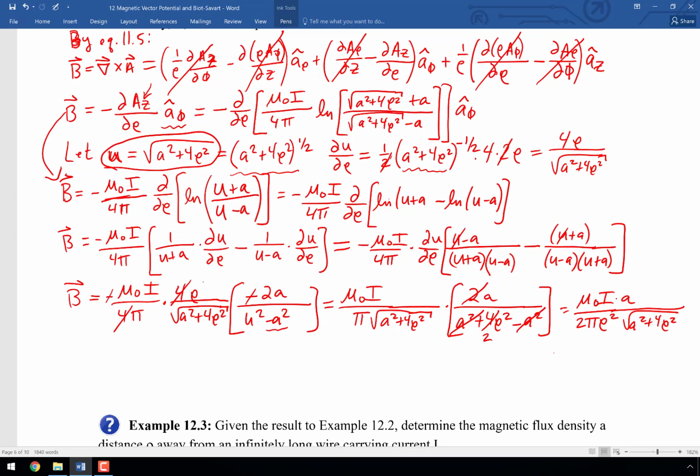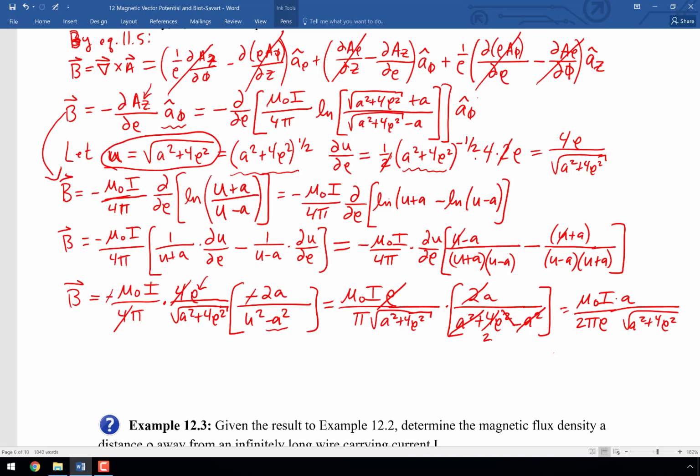Oh, this rho right here, I forgot to bring that into the next term. So that rho right there would have canceled with 1/2 of these rhos right here. So this is actually just rho, not rho squared. 2 pi rho square root of a squared plus 4 rho squared.